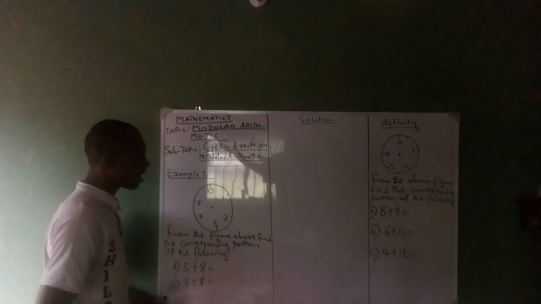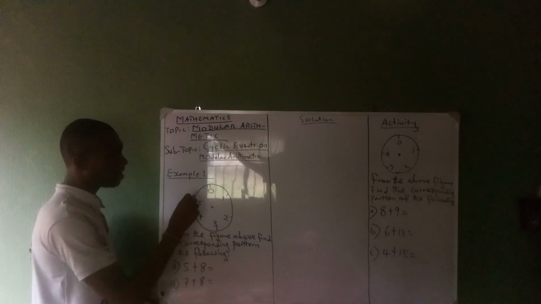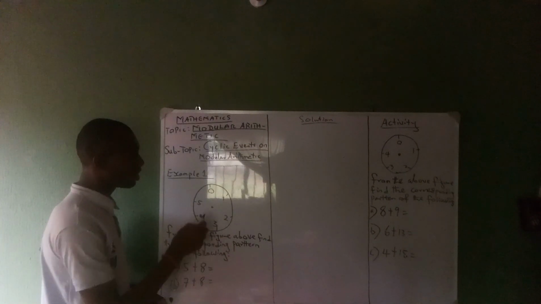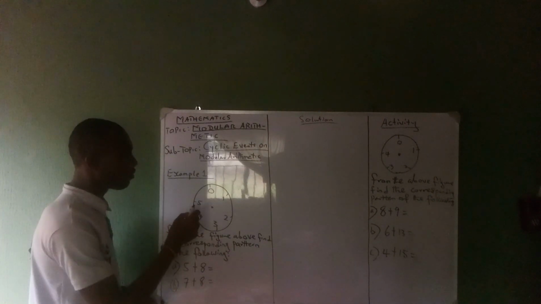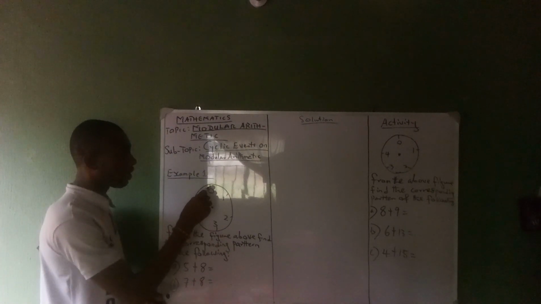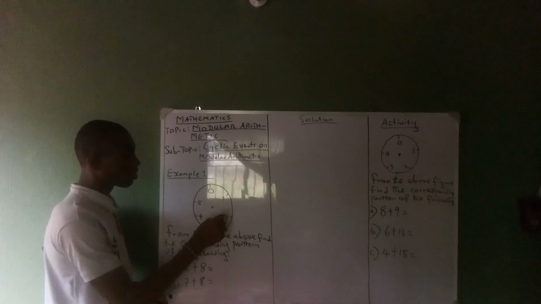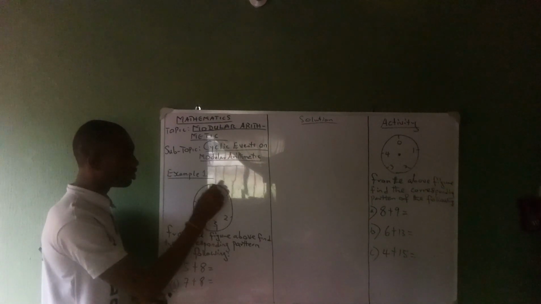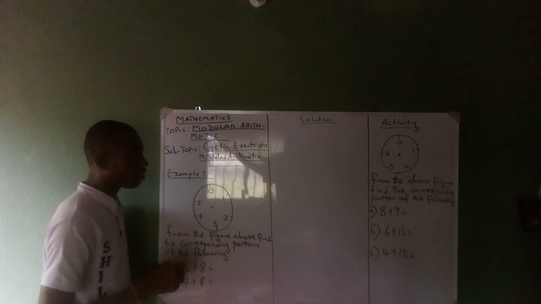So we count here using numbers, saying 1 from 0, you say 1, 2, 3, 4, 5, and 6. So the counting from 0 to 5 gives us a total of 6.